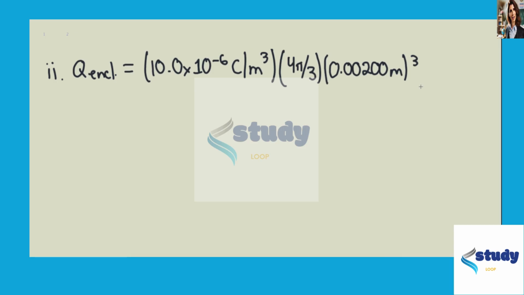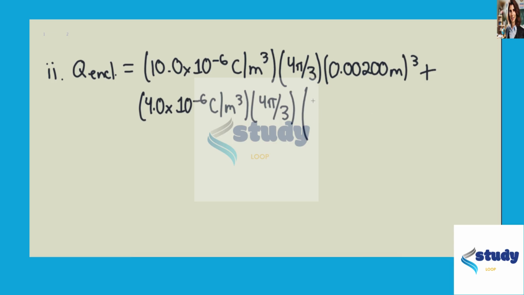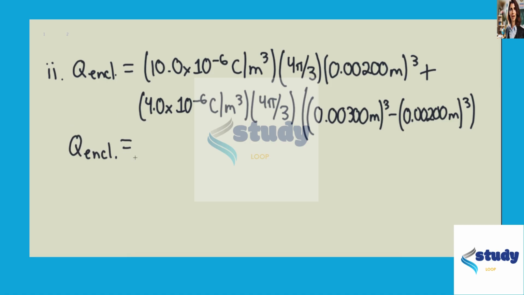And then it would be plus 4.0 times 10 to the negative 6th coulombs per cubic meter multiplied by 4 pi over 3. And then this would be multiplied by 0.00300 meters quantity cubed minus 0.00200 meters quantity cubed. And we find that the enclosed charge is equaling 6.534 times 10 to the negative 13th coulombs.